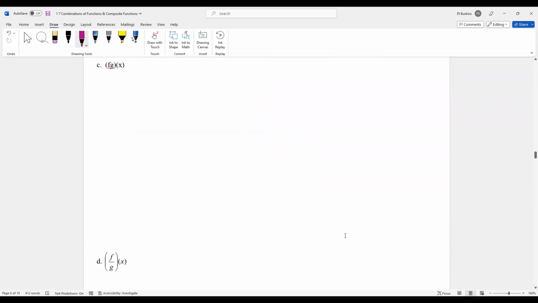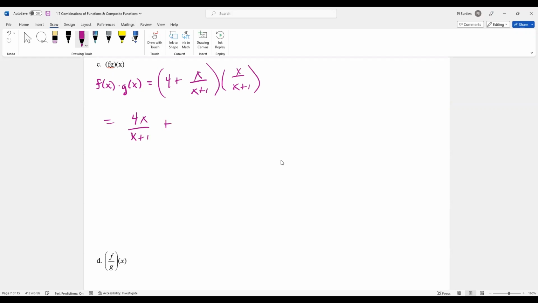All right, let's continue here. So we have f times g of x. All right, so f of x times g of x. That's going to be 4 plus x over x plus 1 times x over x plus 1. That's going to give me 4x over x plus 1 plus x squared over x plus 1 squared.